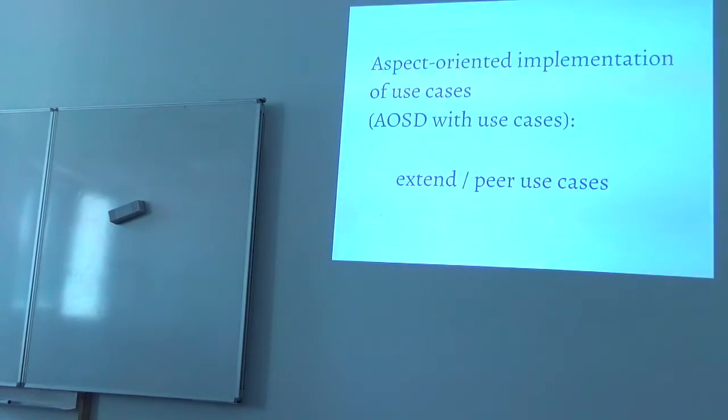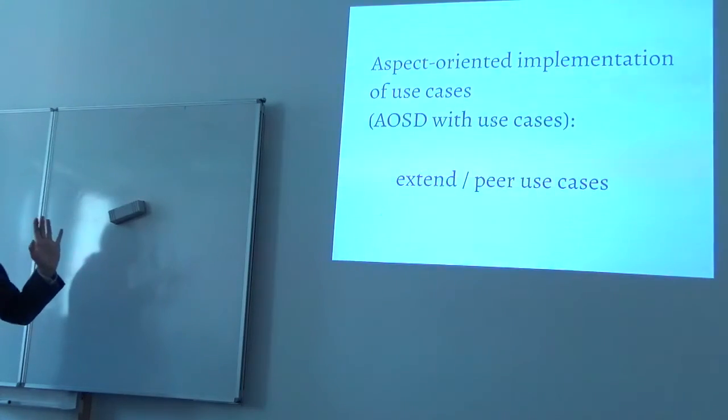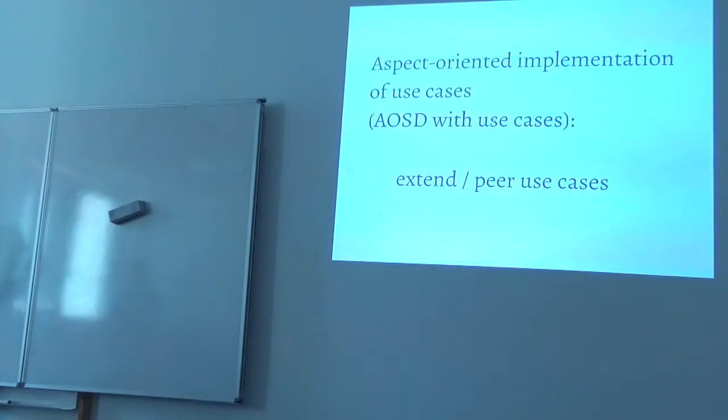I will just mention a few more things that I'm not going to elaborate on. One of them is aspect-oriented implementation of use cases. You know that we analyzed this. It's possible to apply aspects.